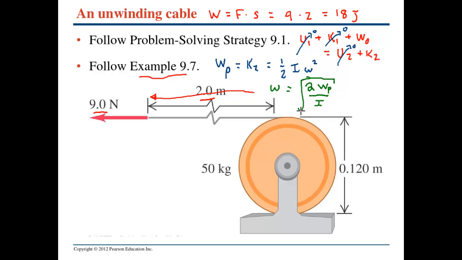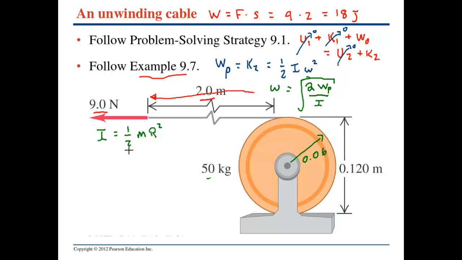Now what exactly is that rotational mass? I don't know that quite yet. I can go to the table in the book and say I'm going to treat the pulley as a solid cylinder or disk, so I can figure out what my rotational mass is going to be. It's going to be 1/2 the mass of the disk multiplied by the radius of the disk squared. Here the radius of the disk is going to be half of the diameter, so 0.06 is going to be my radius.